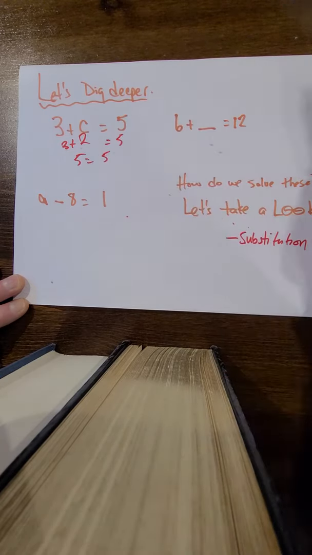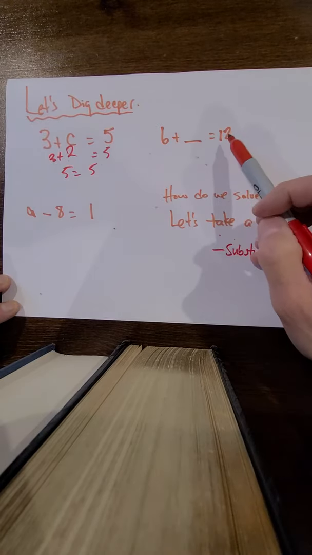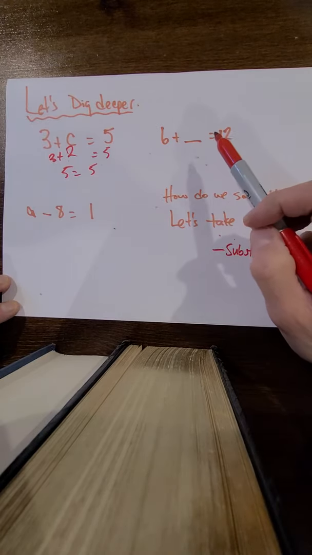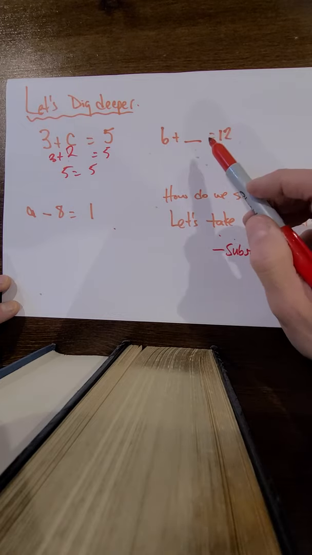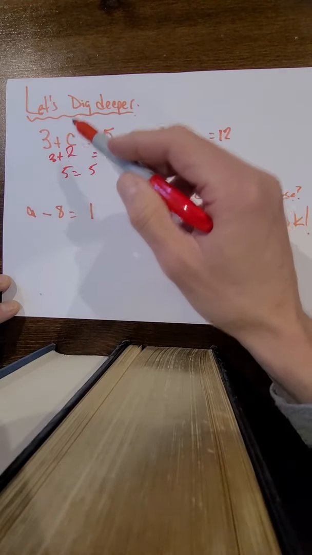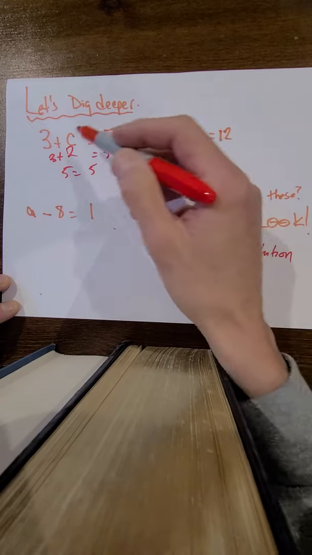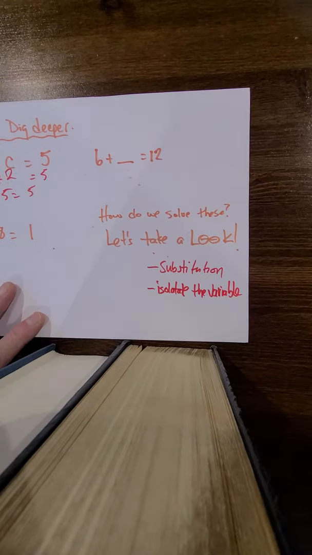That's balanced. I can do the same thing here. 6 plus 6 equals 12. However, we're going to have to show you the second method of showing how we calculate an answer using this type of equation.